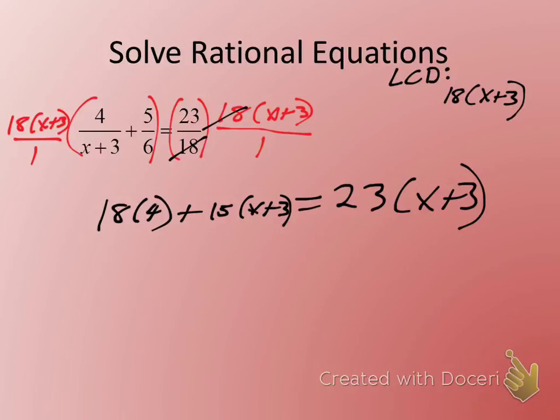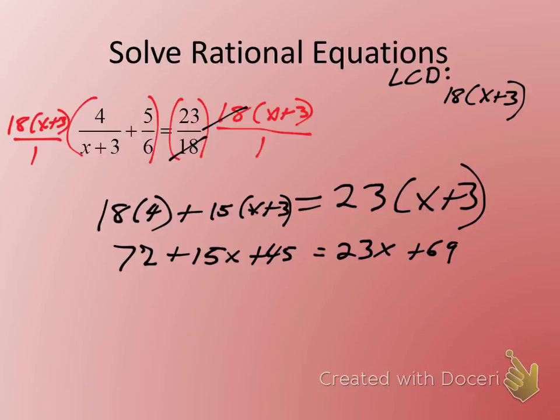So you have 18 times 4 to give you 72, plus 15x plus 45, equals, not 26, 23x plus 69.